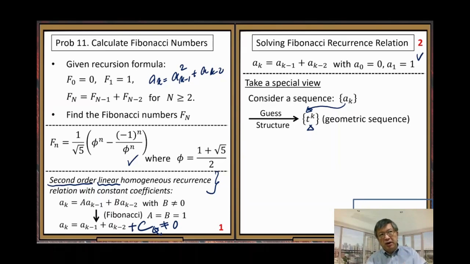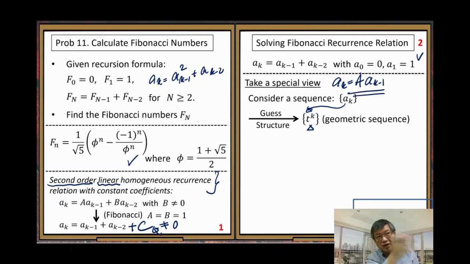All right, so here, let me use this way to explain it. Let us consider first a first order linear homogeneous recurrence relation with constant coefficient. Yeah, let's consider that. A sub k equals capital A times A sub k minus 1.